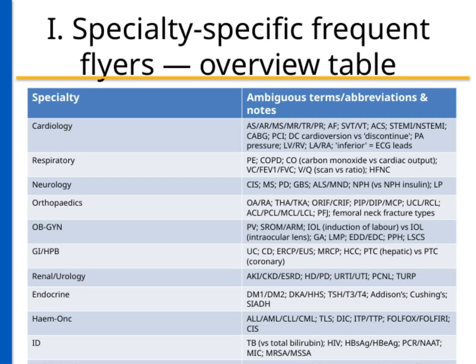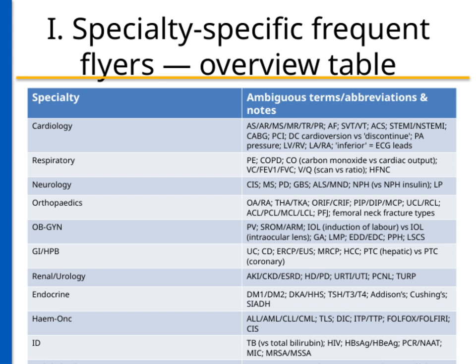Let's go through some of the specialty-specific abbreviations and terms that often come up in our daily practice. Starting with cardiology, you'll frequently see abbreviations like AS, AR, MS, MR, TR, and PR, which stand for aortic stenosis, aortic regurgitation, mitral stenosis, mitral regurgitation, tricuspid regurgitation, and pulmonary regurgitation.